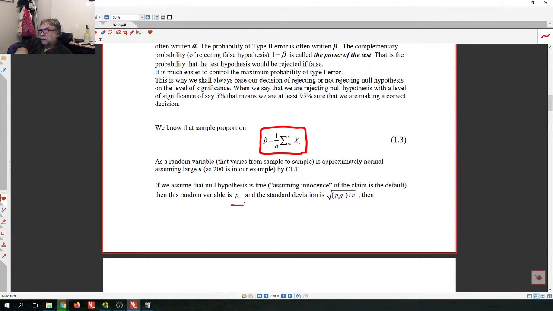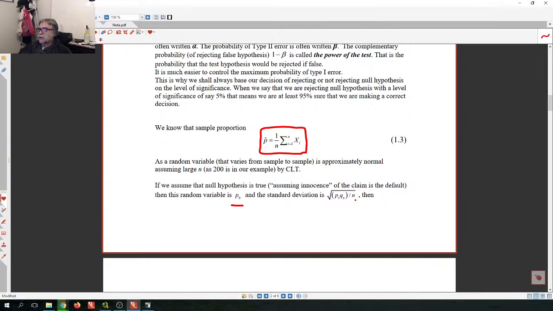Now we assume that to be P0, right? 55%. So we assume that's true. And then it also says the variance is going to be PQ divided by n. You remember that? The variance is PQ divided by n, so we used that already in the estimation theory, in the confidence interval story.